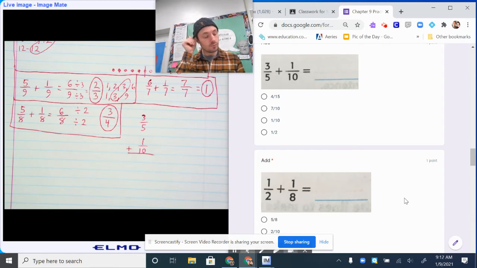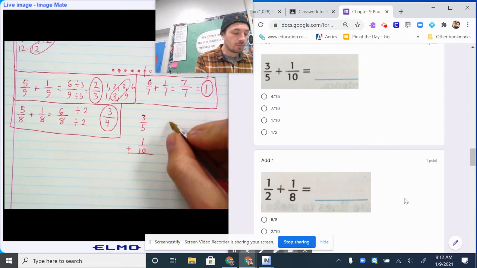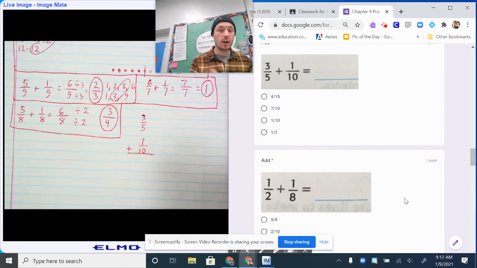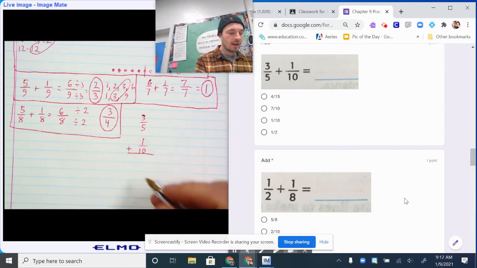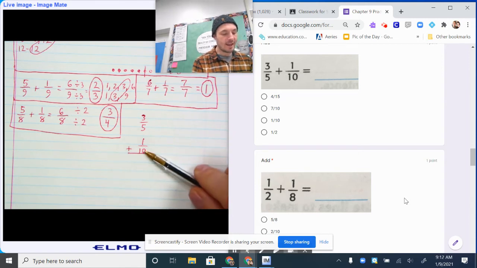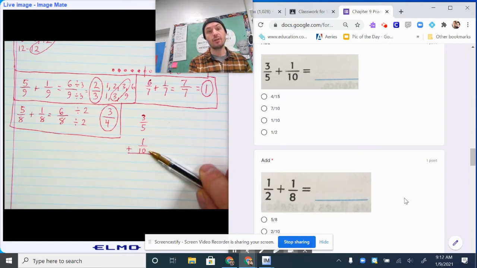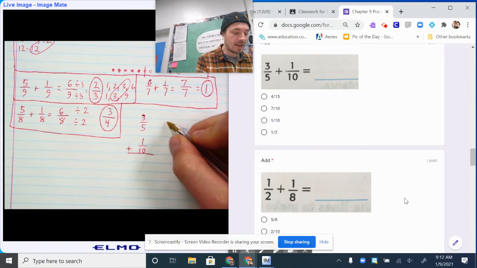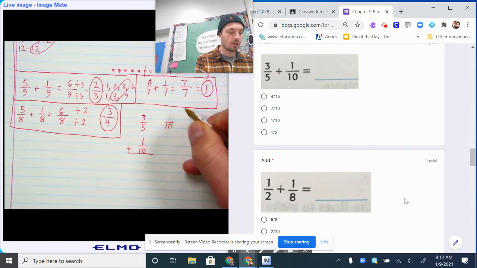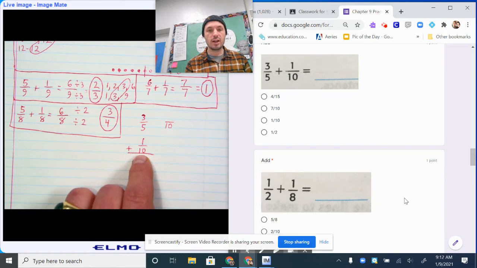So I stack it so I can make my equivalent fractions to the side of them. And I can already see 10 is going to be the least common multiple for 5 and 10, because I know if I count by 5s, I'm going to get to 10. 5, 10. So I'm going to make 10 my least common denominator, which means I don't have to change this fraction.